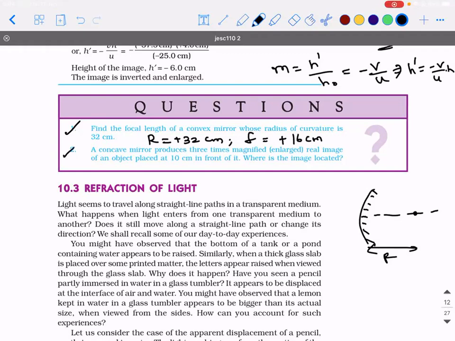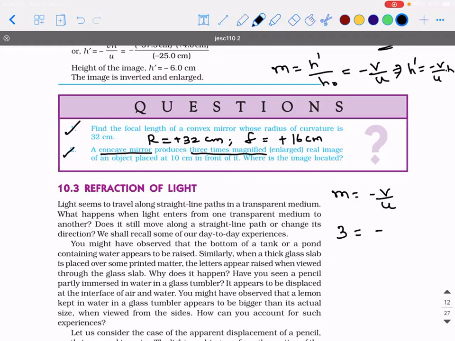Next. There is a concave mirror which produces a 3 times magnified real image of an object placed at 10 centimeter in front of it. Where is the image located? It's very simple. Magnification is equal to minus v divided by u. How much is the magnification they gave? They told it's a concave mirror, which produces a 3 times magnified image. So 3 is the magnification is equal to minus v divided by 10.